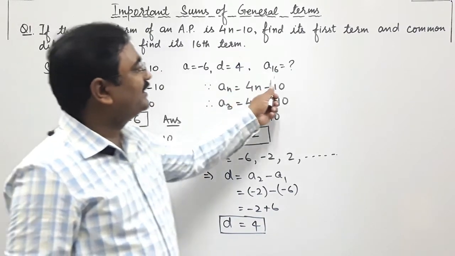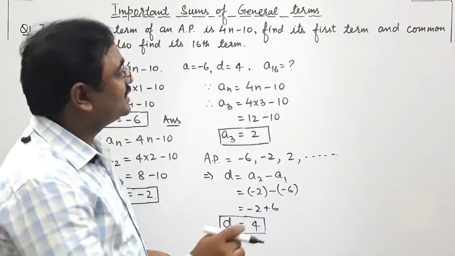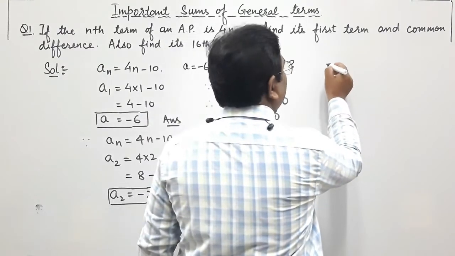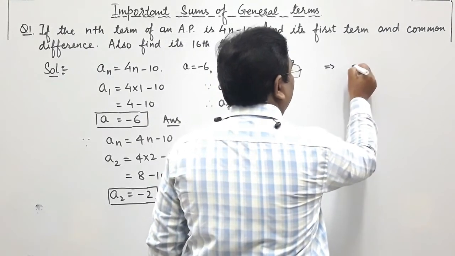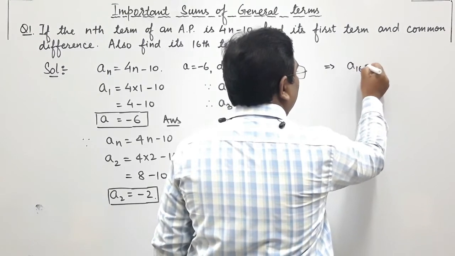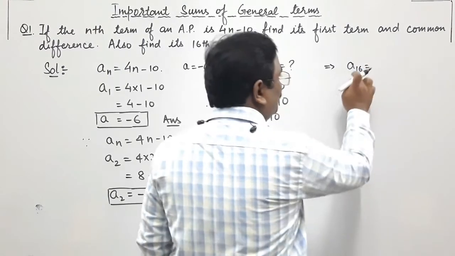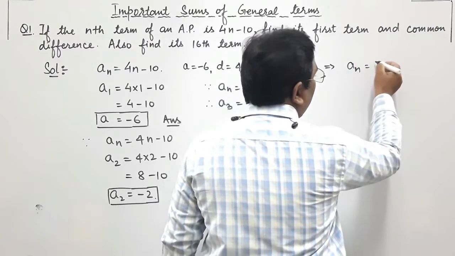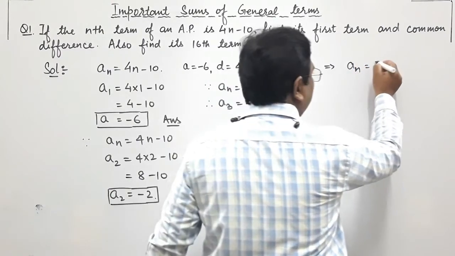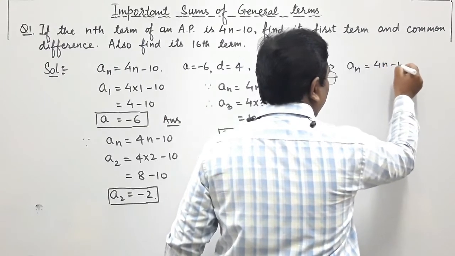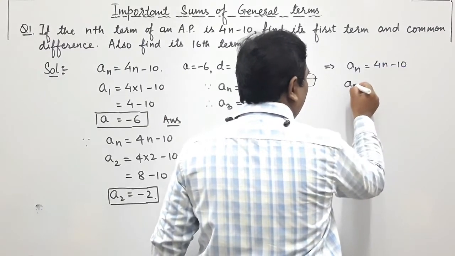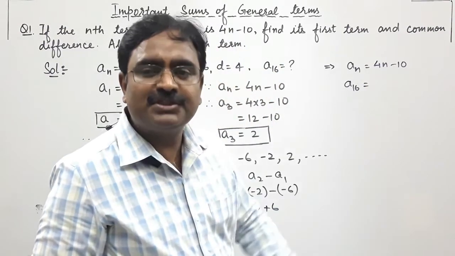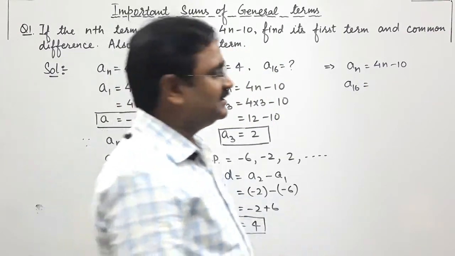अभी हमको क्या फाइंड करना है? 16th term, means a16 we have to find out. So let us find a16. As you know that formula an is equals to 4n minus 10. So a16, if you are going to find, n is equals to 16, you substitute, you will get it easily.